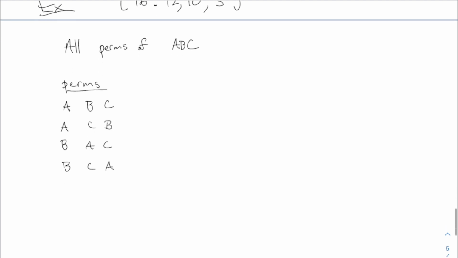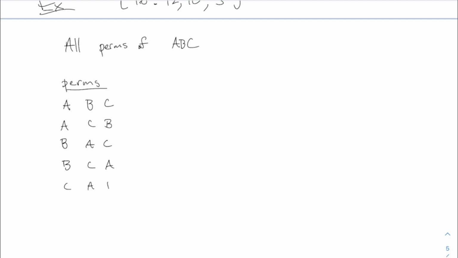So I could do CAB and CBA, right? These are actually all the permutations. I sort of wrote them in alphabetical order. If these were real words in the dictionary, that's the order that they would go in. If you have 3 things, then there will always be 6 permutations. You've got to make sure you don't miss any.